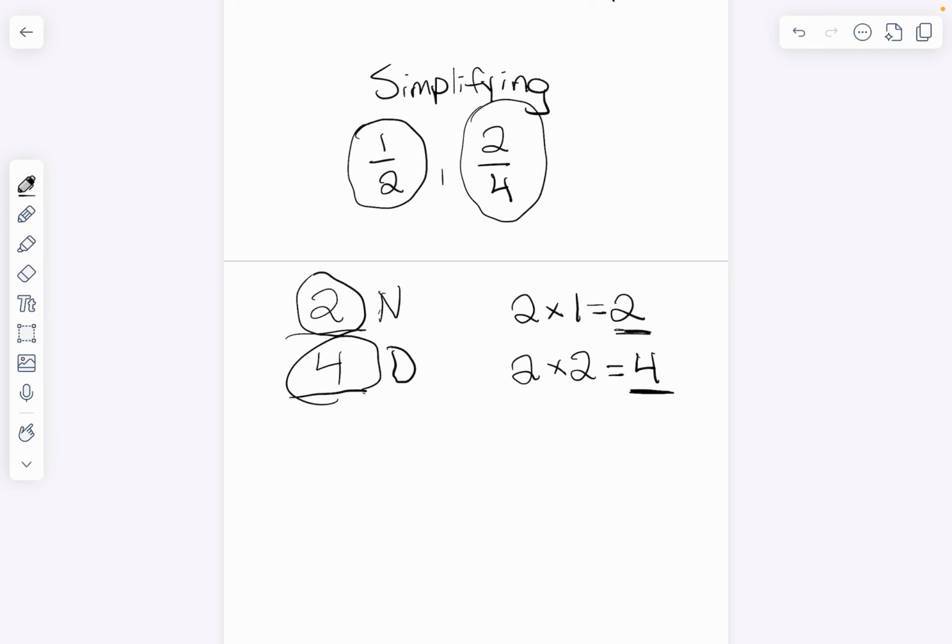Now, once we figured out that our greatest common factor, or GCF, is 2, we divide both the numerator and denominator, emphasis on both. You have to do both. If you only divide one value, you'll get something way different.